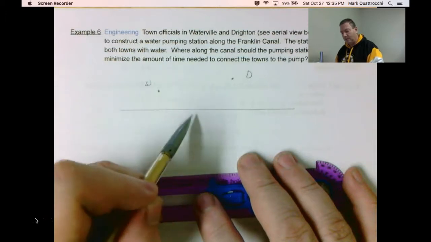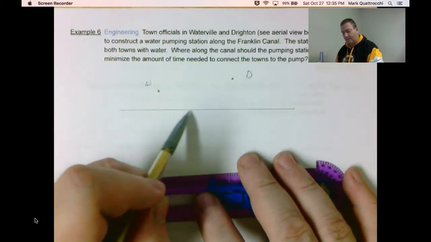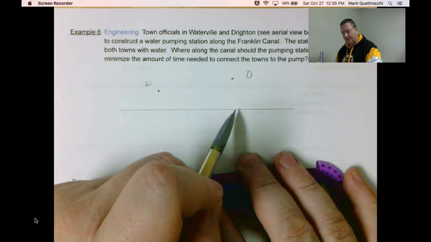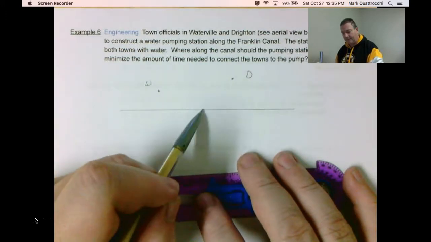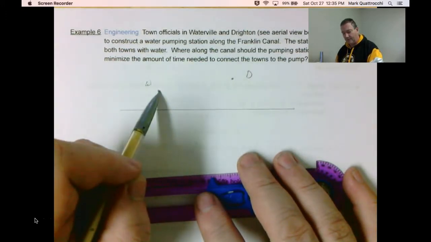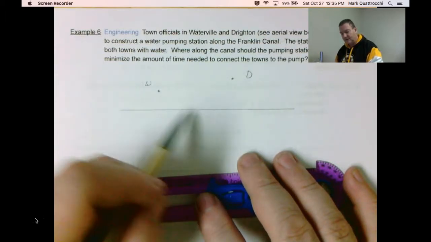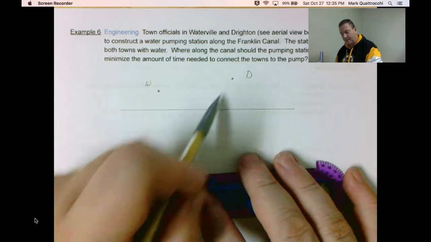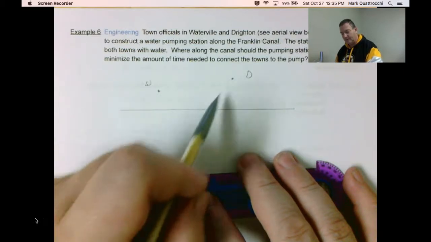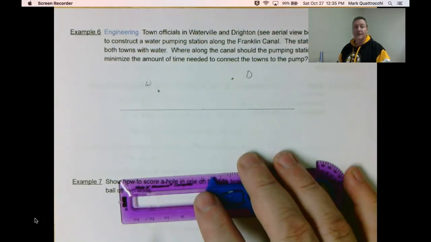And what we want to do is we want to put a pump on the canal, somewhere on the canal, and then connect that pump to Waterville and connect that pump to Drayton. And we will use the least amount of pipe to connect from Waterville to the pump and the pump to Drayton. So how are we going to do that?